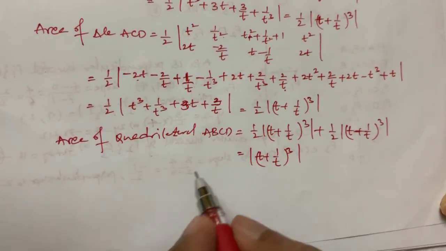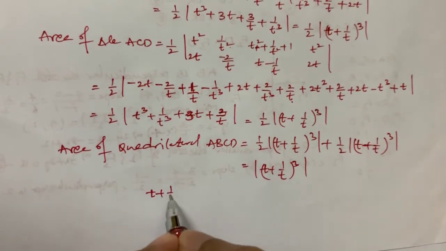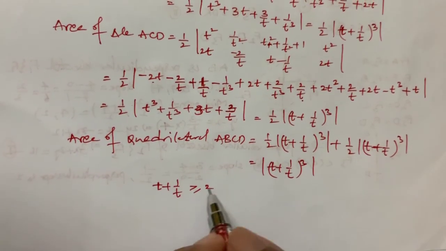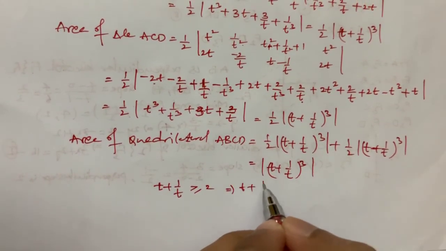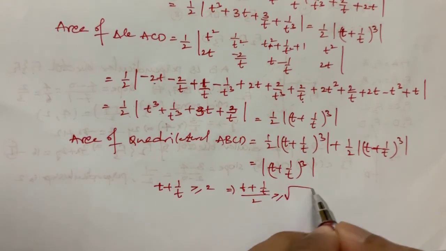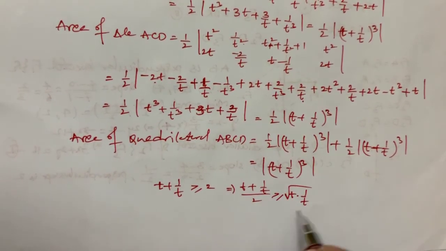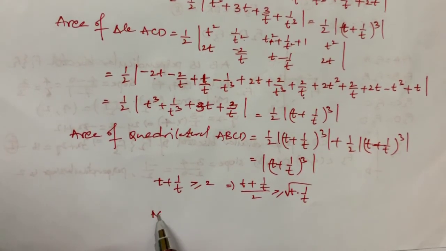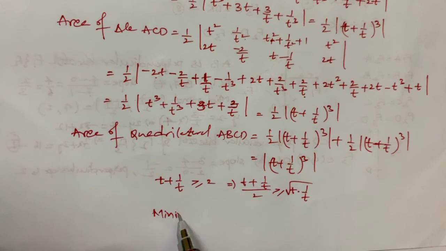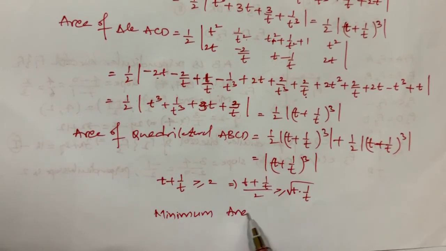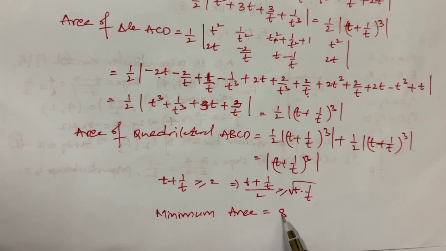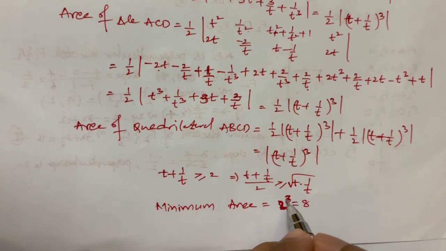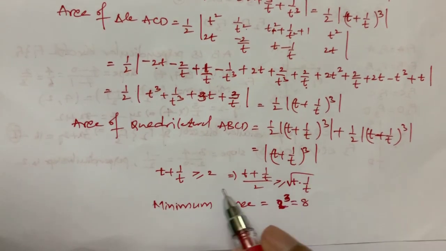So the minimum value of that: t plus 1 by t is greater than or equal to 2, because if I apply AM-GM, t plus 1 by t by 2 is greater than or equal to square root of t into 1 by t. So t plus 1 by t minimum value is 2. So minimum area is equal to 2 cube, right? 8. As we have modulus, we can consider only the positive sign.